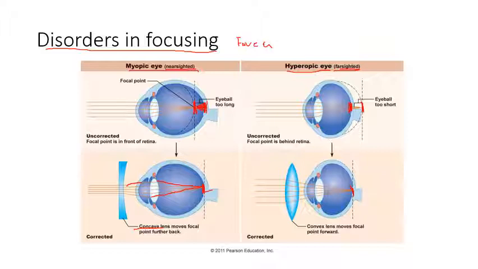So in that case, we want a convex lens that will cause the light to be bent more before it hits the cornea, and therefore we can get the focal point moved up. So myopic, nearsighted, hyperopic, farsighted, and then that change in elasticity when you get old is presbyopia.